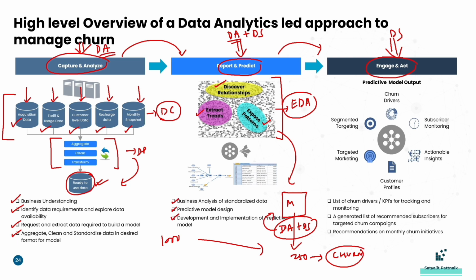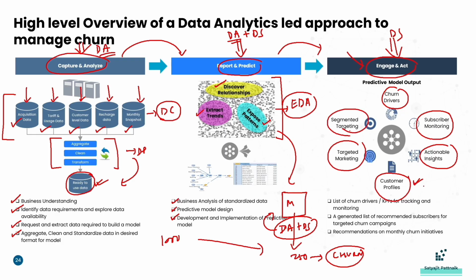Predicting them is somehow easy. Retaining them is difficult. And this is where engage and act comes into picture, where we have to do some segmentation targeting, churn drivers, understand the subscriber monitoring, actionable insights, target marketing, understand various customer profiles. Based on various parameters, we have to provide them some offers. You can see recommendations on monthly churn initiatives.